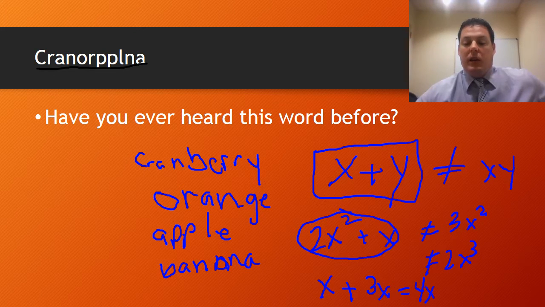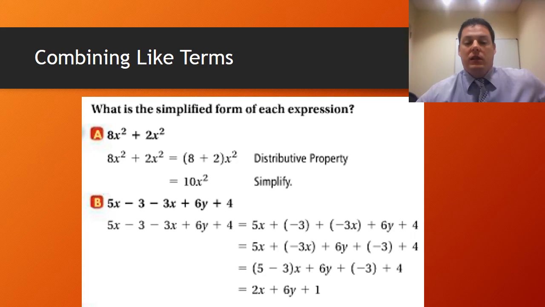So we have to remember we can only combine things that are exactly alike. Here's a quick example. What is the simplified form of each expression? Here we have an x squared in each term, which means we can add them together.